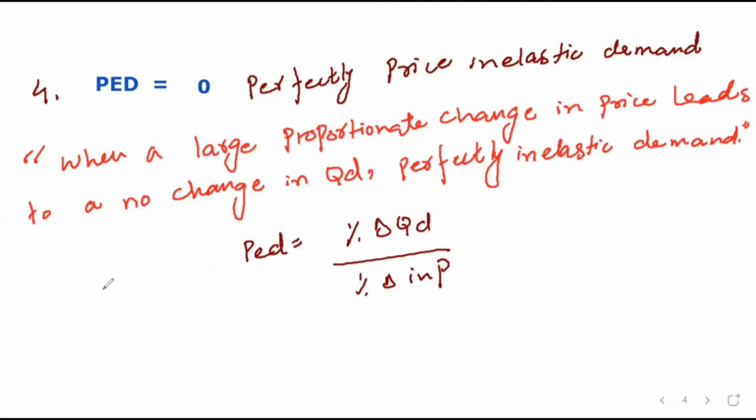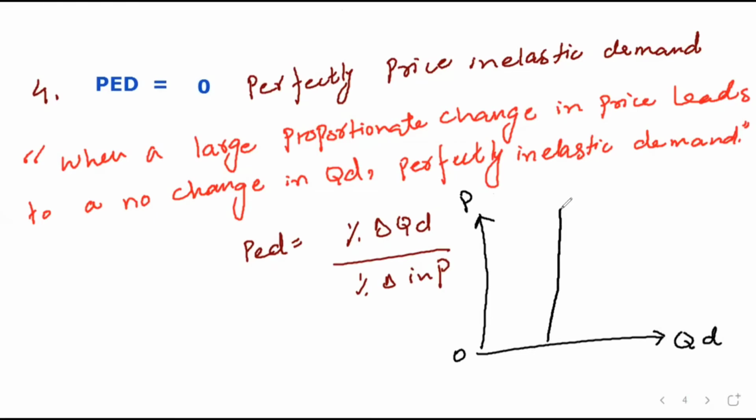If you want to make the curve, it will be like this. On the y-axis we are taking price, on the x-axis we are taking quantity demanded. So its curve will be parallel to the y-axis. Why? Because this is perfectly inelastic demand.